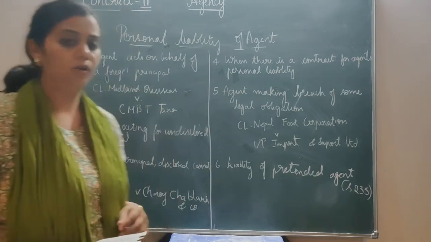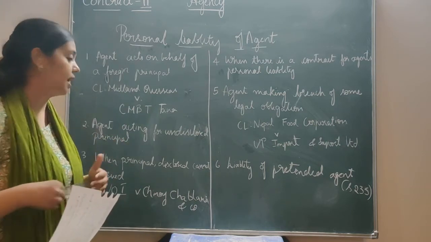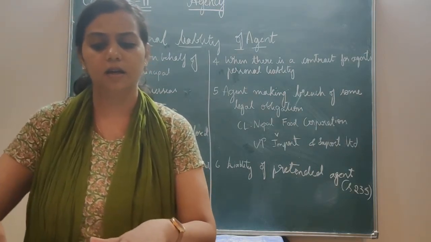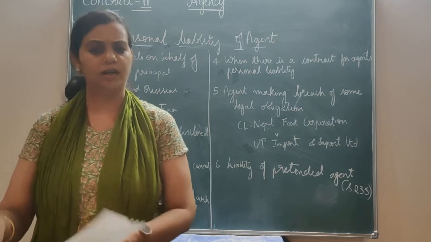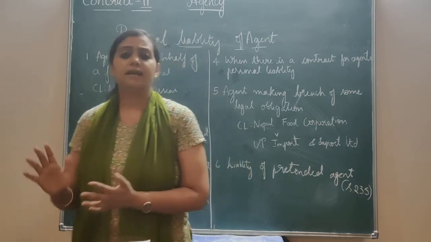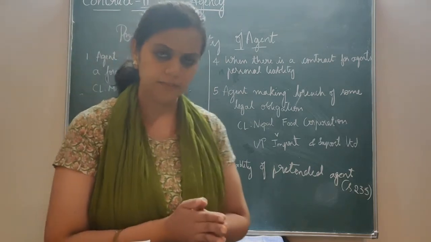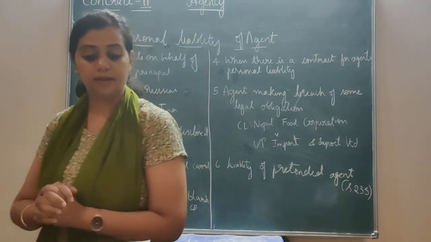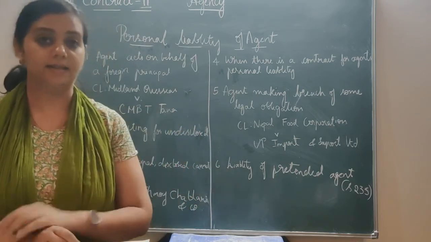There is a wonderful example for this in the case law Midland Overseas versus CMBT Thana. What happens in this case is quite interesting. The court held that if there are circumstances which indicate that the agent is acting on behalf of a principal who is residing abroad but does not undertake the personal liability, then the agent's personal liability does not arise at all.